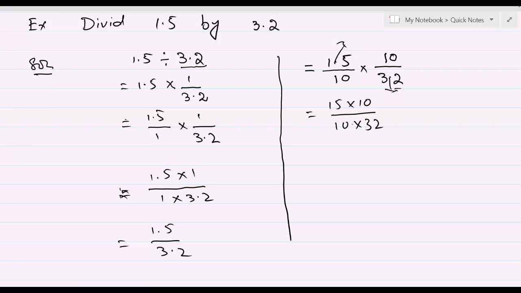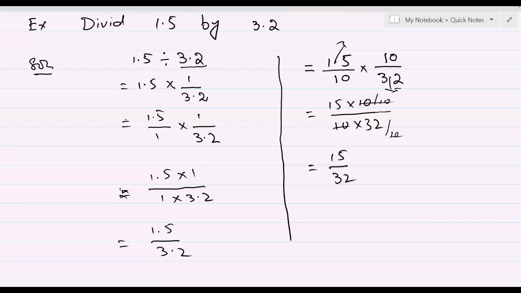So now you can see that 10 is obviously common. From this concept of equivalent fraction, if you divide the numerator by certain number and divide the denominator with the certain number, as long as the division is done by the same numbers, that's perfectly okay. So this 10 will be cancelled out and this will be left behind 15 over 32.